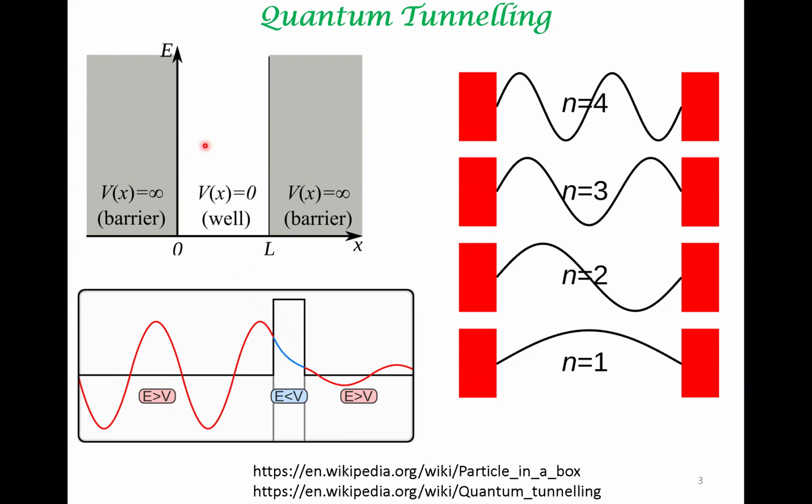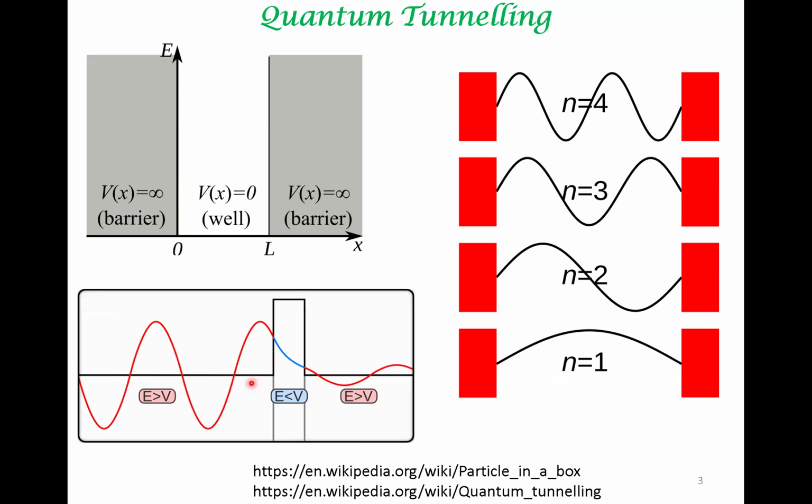Let's try to contrast with this system. Here, the potential was infinity, right? So there is no way the particle can be present here, because if it is present here, the energy will have to be infinity. So if you want to avoid infinite energy, the particle necessarily has to be confined inside this region. So what is non-trivial?